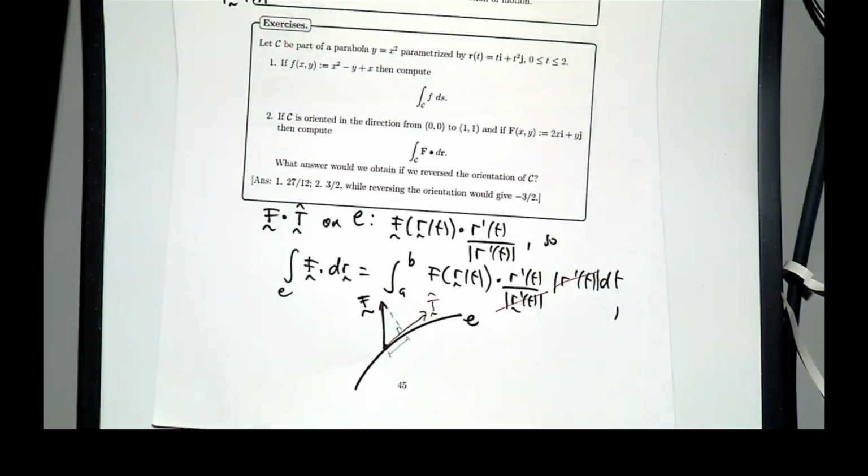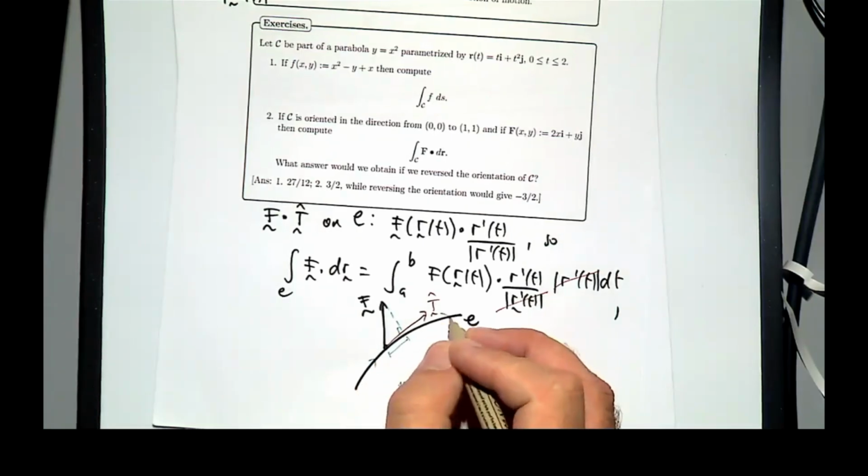If you get a large number when you're doing an integral like this, it means you have good alignment between the vector field and the tangent to the curve. Right? They're sort of pushing in the same direction, like we have in the picture. Okay? If you get something that's largely negative, the vector field's almost pointing in the opposite way, sort of impeding the movement or something like that.